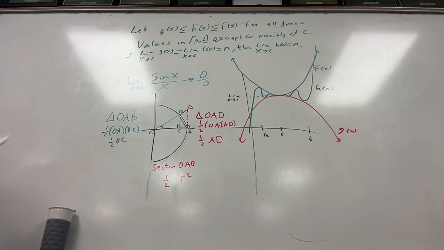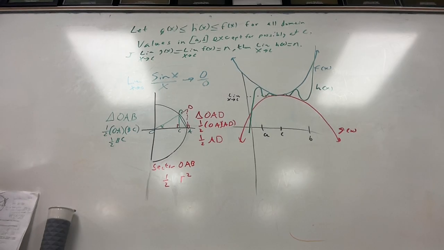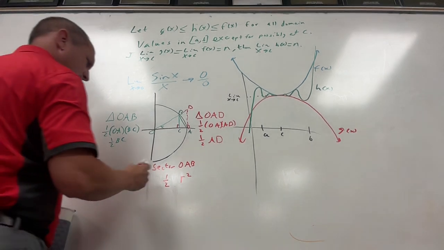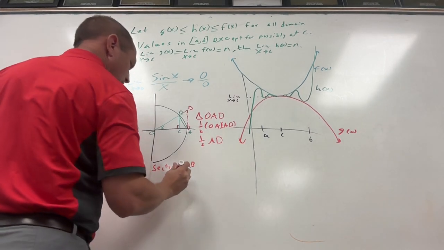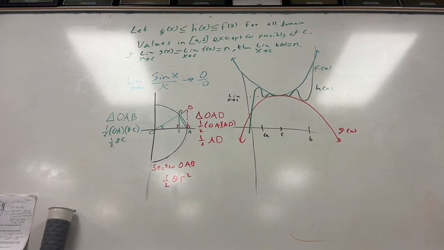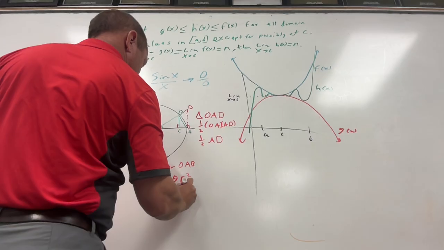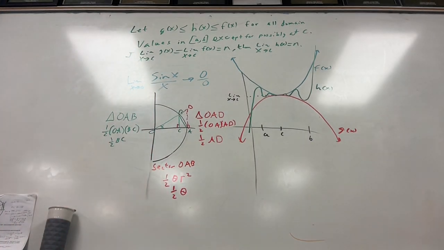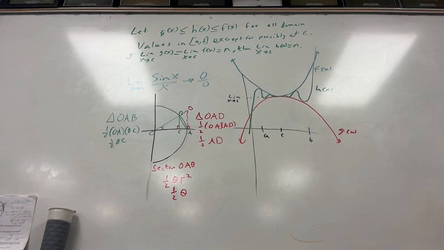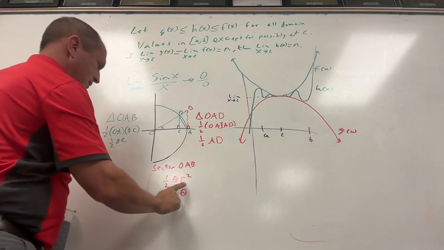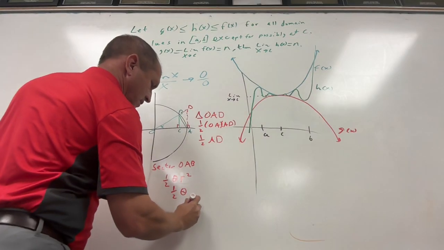I had it right the first time. But for the unit circle here, what is r? 1. So I just get 1/2 theta here. So, what is theta? Theta is x. So I'm going to call this 1/2 x.